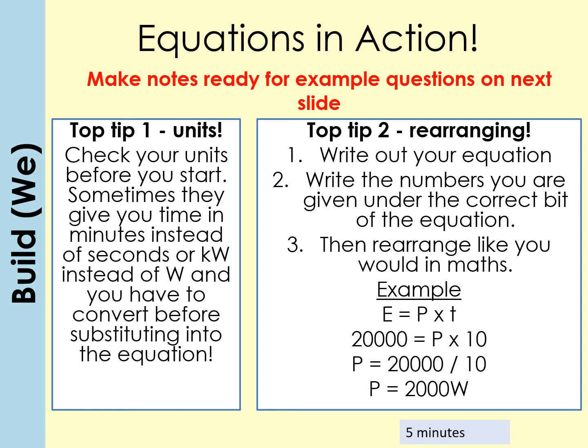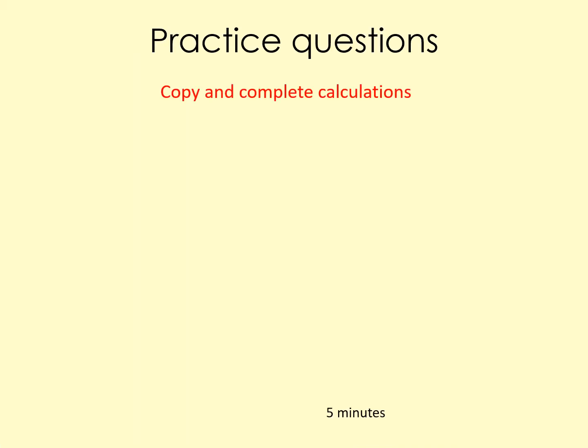So you need to isolate power, so it becomes 20,000 divided by 10, and the answer would be 2,000 watts. Now you can convert that into 2 kilowatts. Examiners tend to accept either way, but only transfer into that simpler form if you're absolutely confident you know what to do.